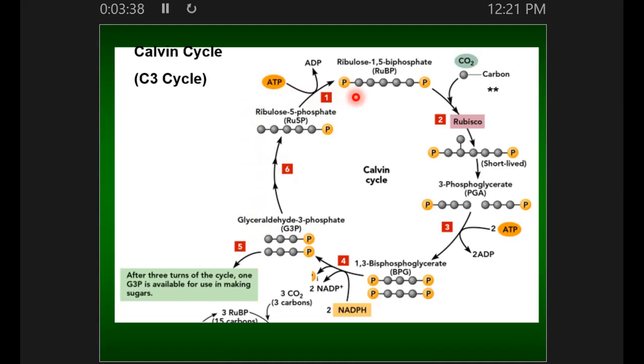So the first part of it, when RuBP and CO2 are reacting, no ATP, no NADPH. It just happens, which is great. But taking it from PGA to G3P, we see that you need both ATP and NADPH in that section, which is coming from the light reactions.